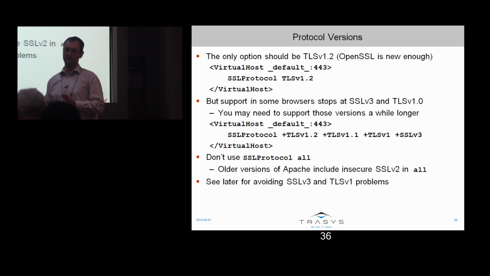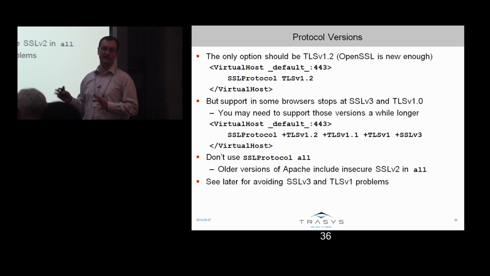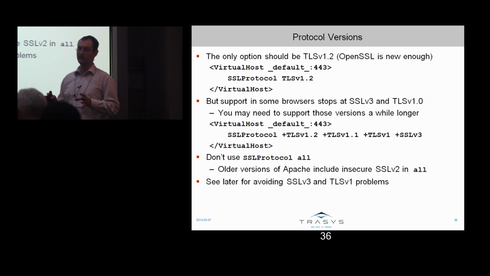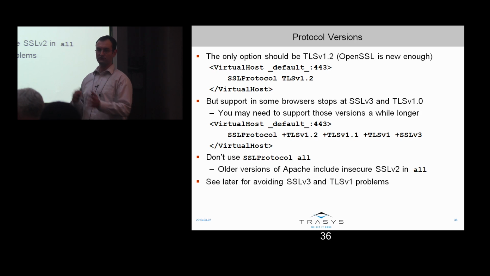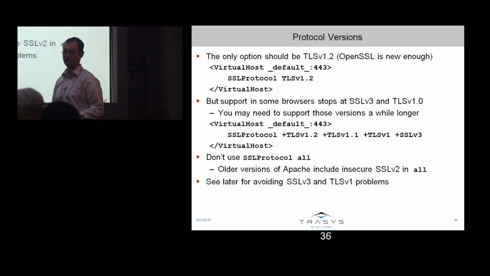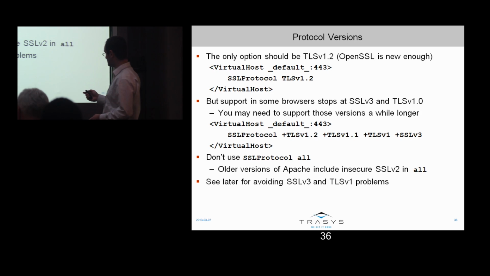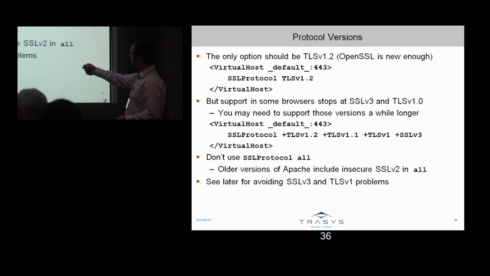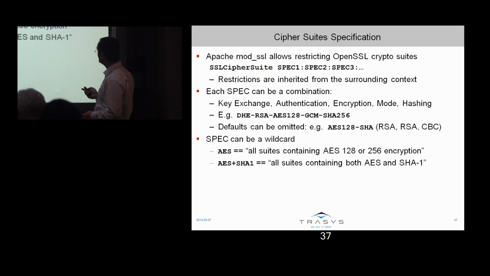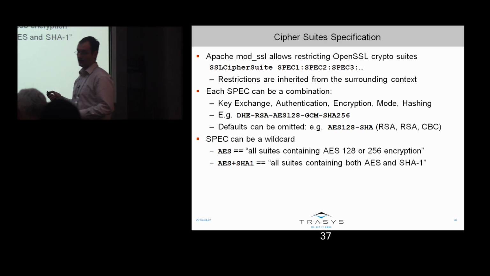It's better to be explicit about what you accept. Like that, your configuration is going to be safe even when you install a new version of Apache, a new version of mod_ssl, a new version of OpenSSL. Be explicit about what you will accept. Why I didn't put TLS version 1 and 3 in the recommended configuration is because of the BEAST attack that I hope I'm going to have time to talk about.